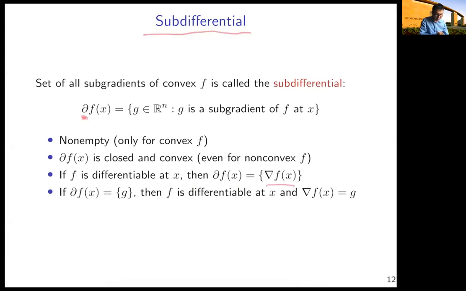And this is actually a characterization, because the converse is also true. If you can prove that the subdifferential is a singleton, there's only one point in the set of the subdifferential, then you can show that f is also differentiable at x, and the corresponding gradient is equal to the only element in this set of subgradients. Okay. So this is one way that you can show that for certain non-trivial functions, those functions are actually differentiable.